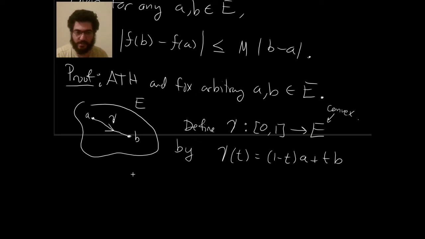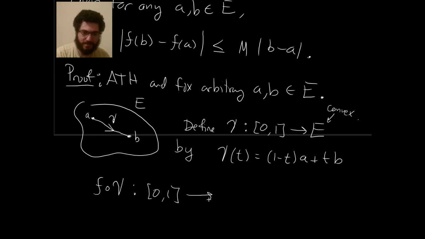So the fact that gamma is in E means I'm allowed to look at this composition, f of gamma of t. If I compose like that, then f composed with gamma is going to be a map from [0,1] into R^m, which is where f takes its outputs.